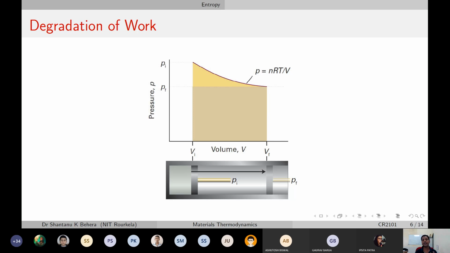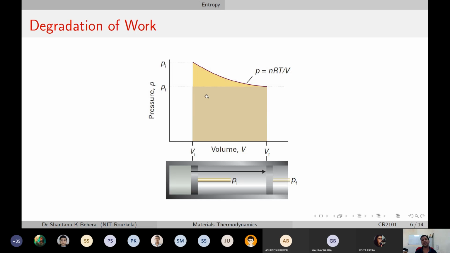So these are the various ways in which you can transfer the process from PI-VI to PF-VF, and accordingly there are different amounts of work that you can do. The best work that you can do is in the reversible process, with the formula W equals nRT ln V2 by V1, or VF by VI.